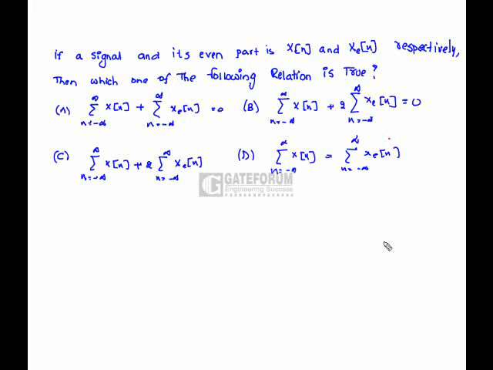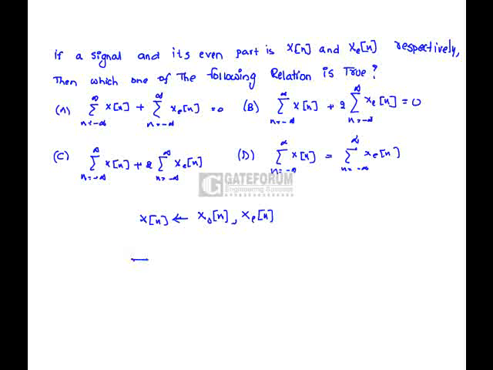If a signal and its even part are given as x of n and xe of n respectively, then which one of the following relationships is true? So x of n consists of both even parts as well as odd parts. Xo of n is the odd part and xe of n is the even part.